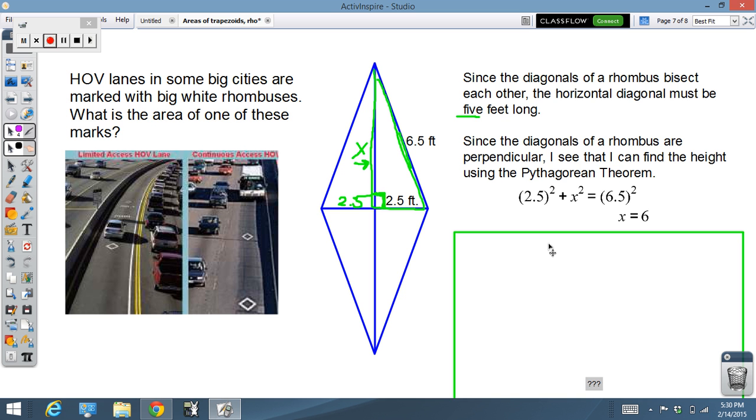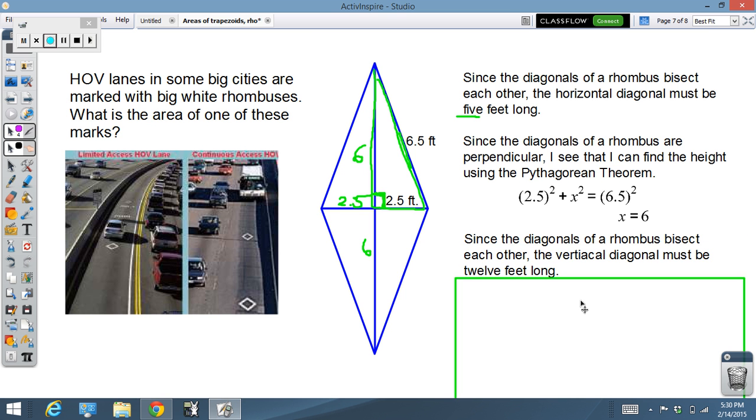Do our math. We find that x must be 6. Therefore, if this is 6, this is 6, and the long diagonal, the up and down diagonal, must be 12 feet long.